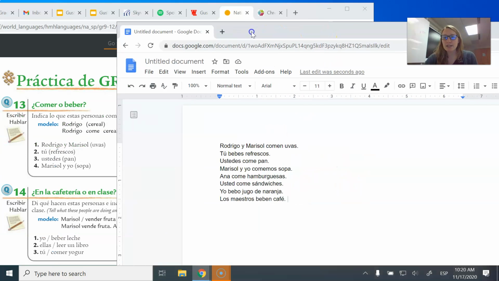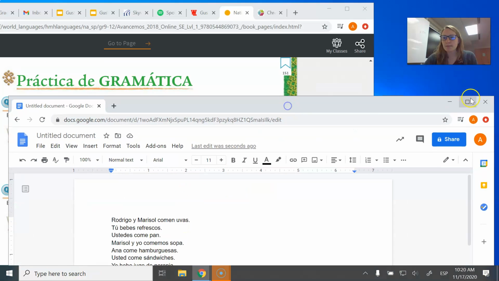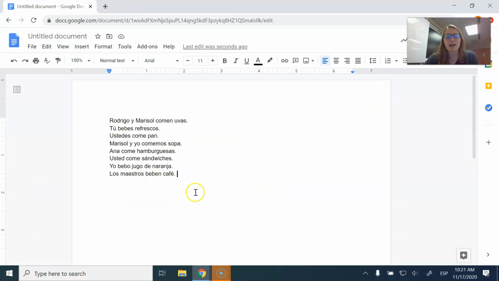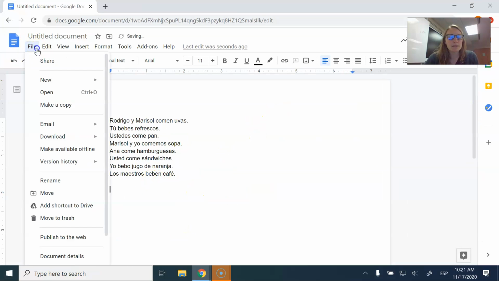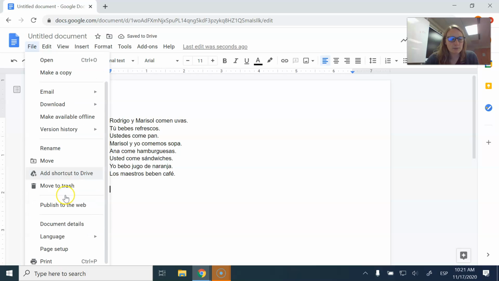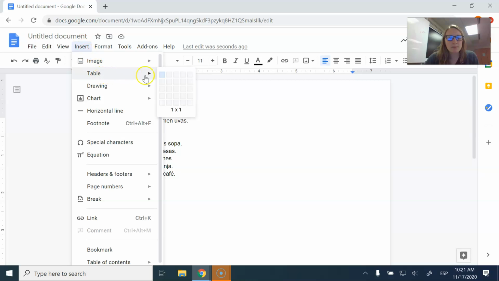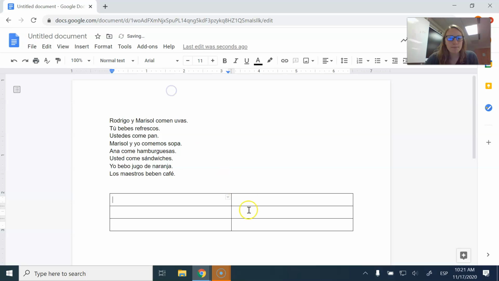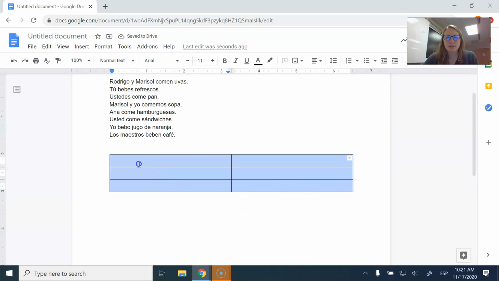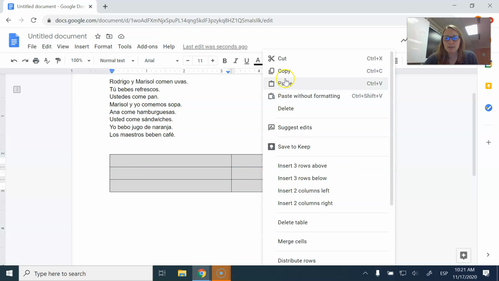What I highly recommend for you guys is create, let me see where we are. Yes, insert a table 2x3, and I suggest you guys copying and pasting this a few times, like this, in your own Google Doc.